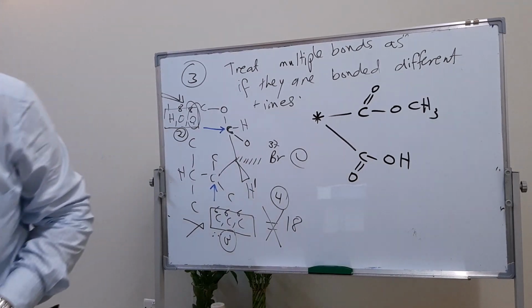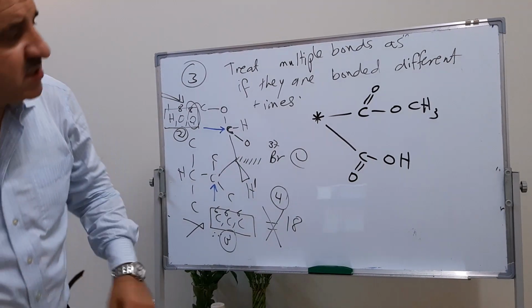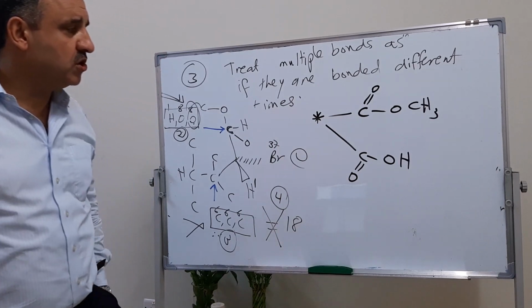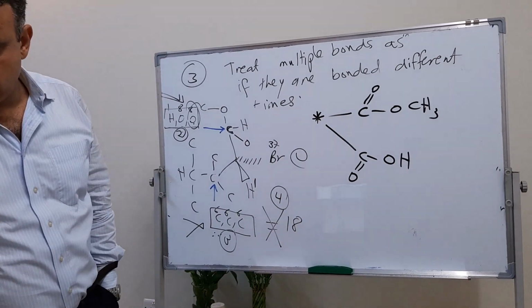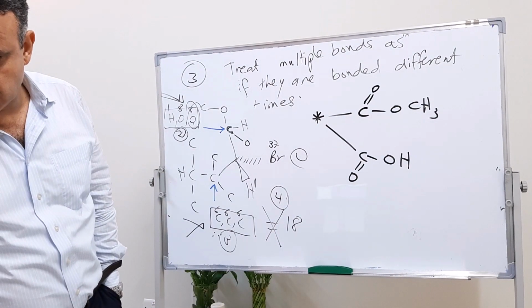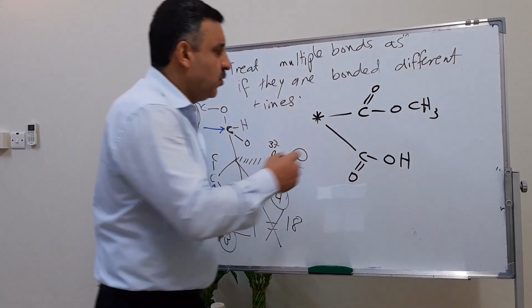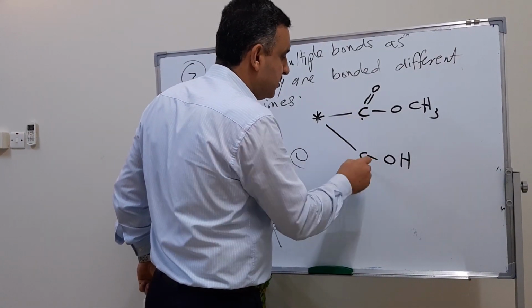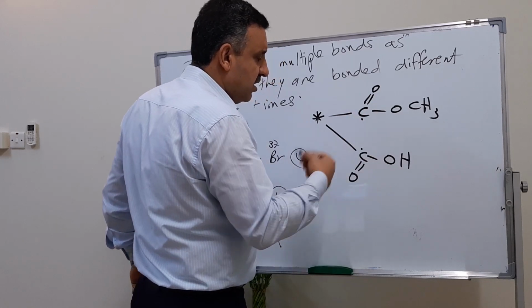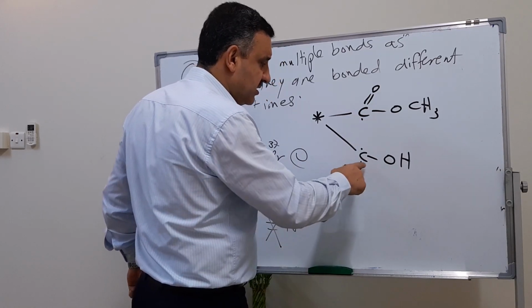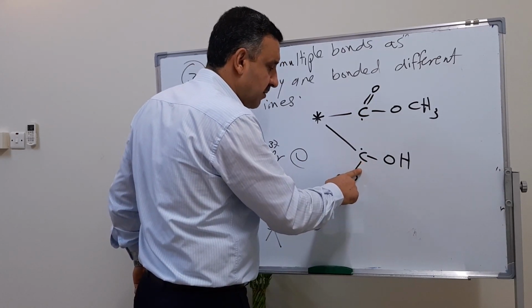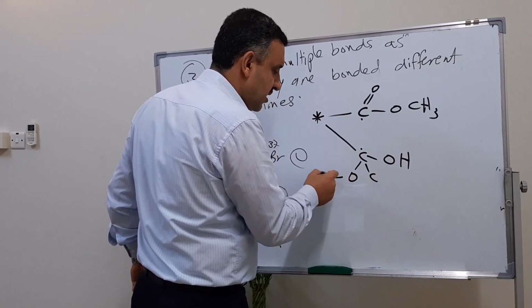Here, for example, if I want to compare the priority of these two groups, which of the two groups is higher priority? In this case, we need to look at the three atoms. Here, for the carbon we cannot decide directly, so we need to deal with the double bond. So this here will be carbon, this will be oxygen.